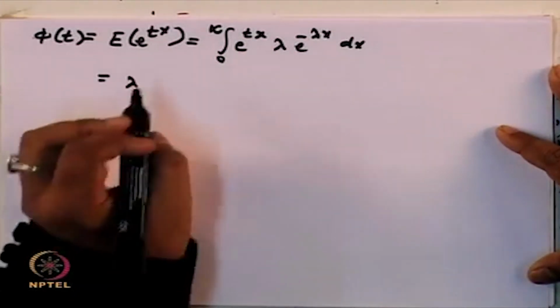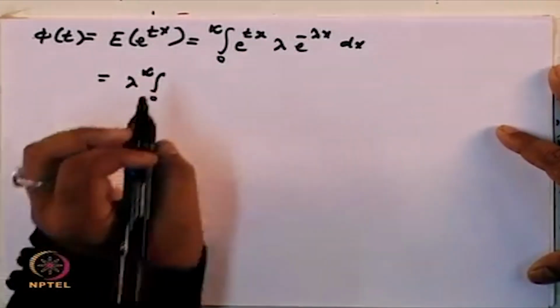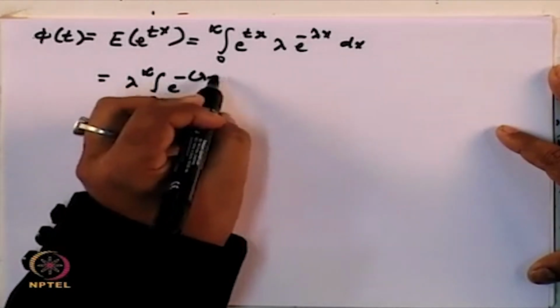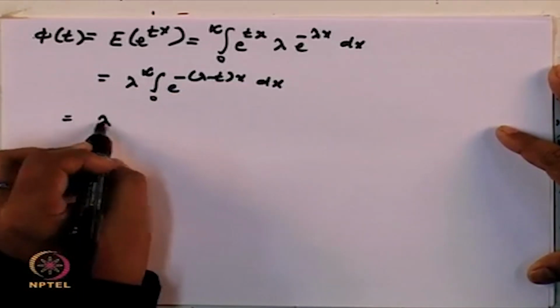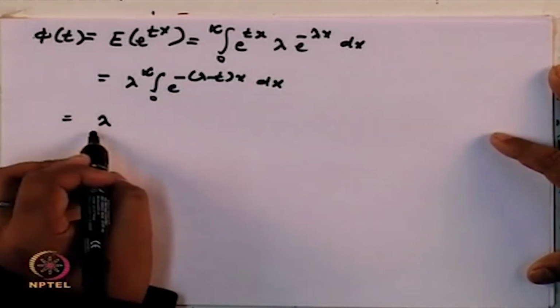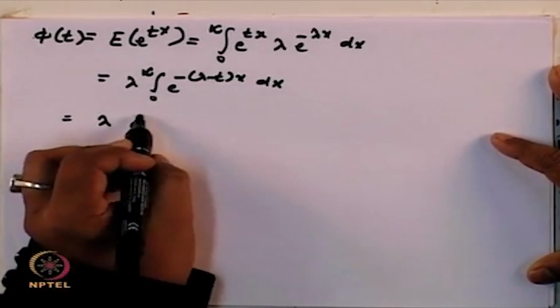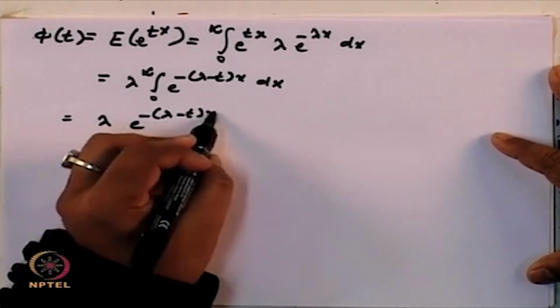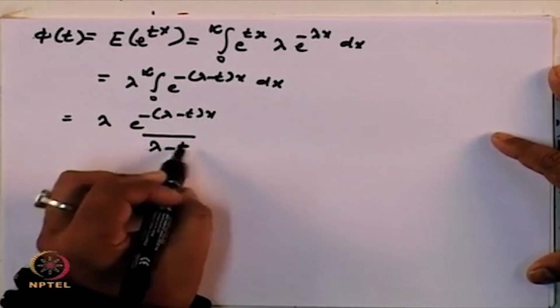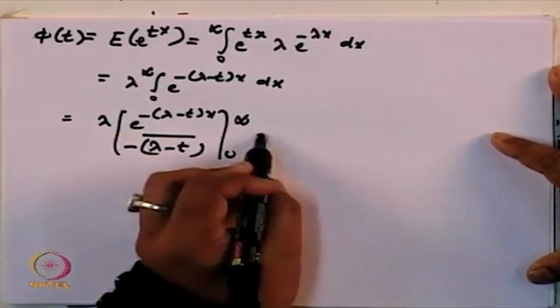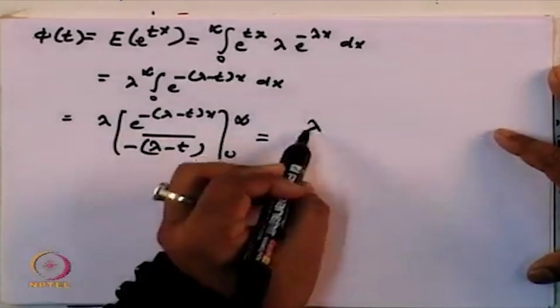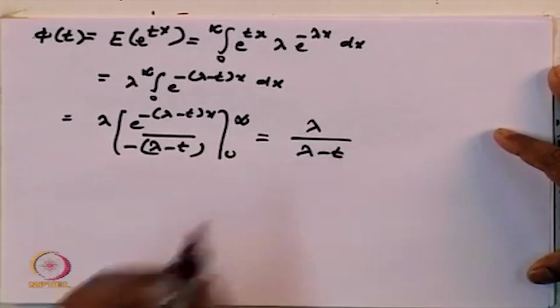I can take lambda out, the integral from 0 to infinity of e to the power minus (lambda minus t) into x dx. This should give you a value of lambda by lambda minus t.